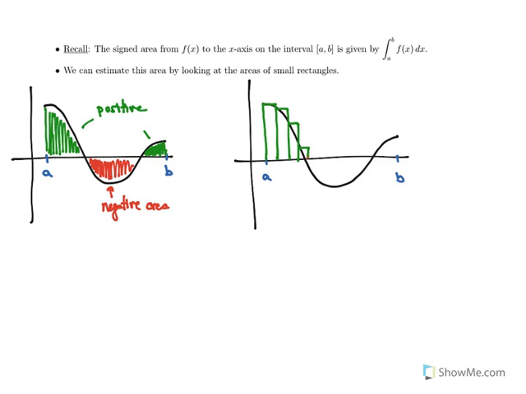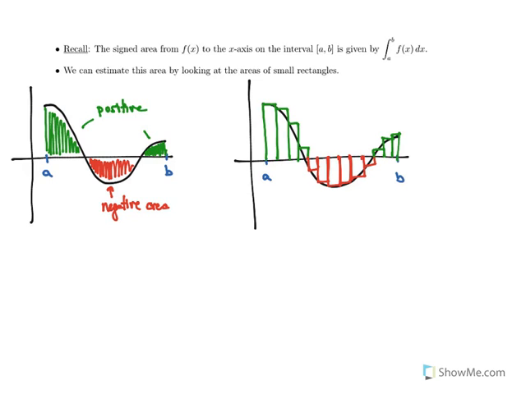We'll use the red rectangles to represent that it's negative area below the x-axis. And we go to the function value at some point. What point we're picking, it could be the left endpoint, the right endpoint, the midpoint, or something in between.